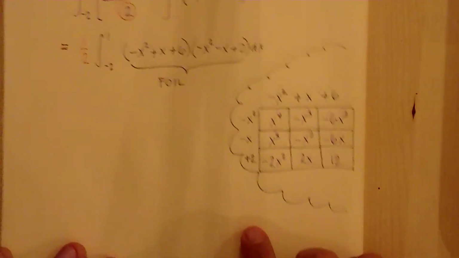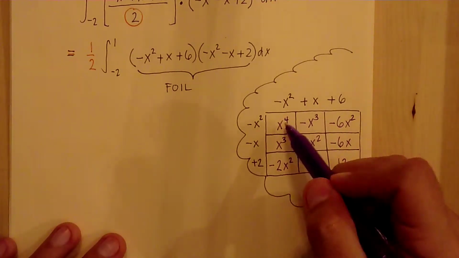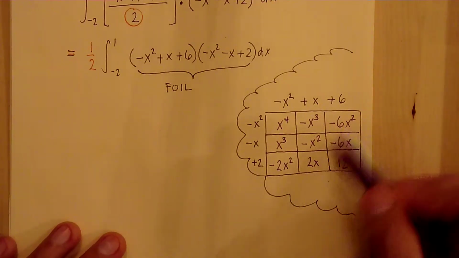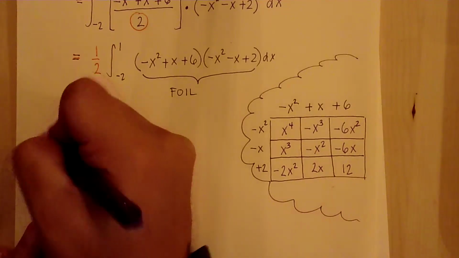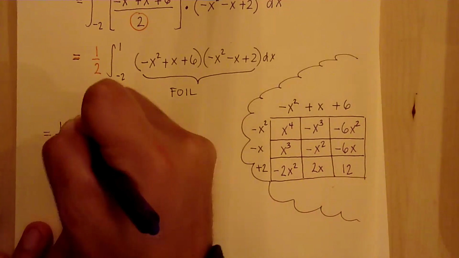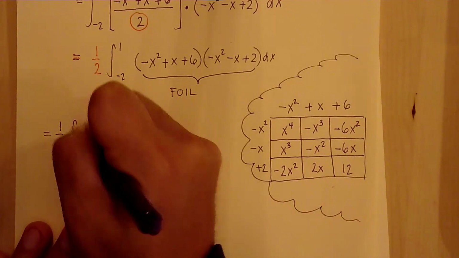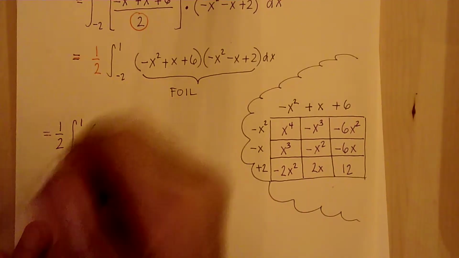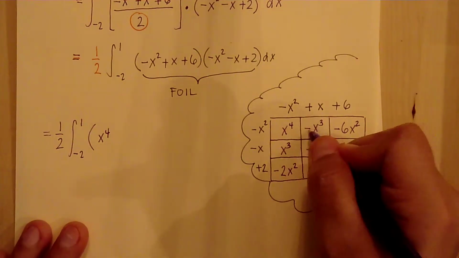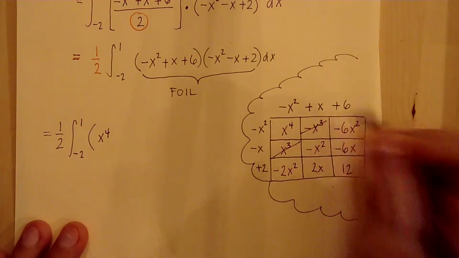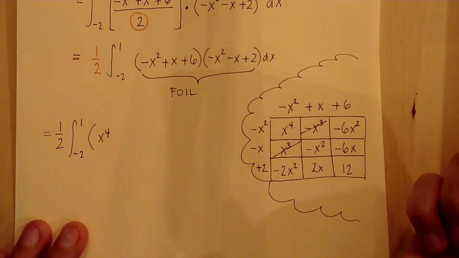Okay. The nice thing about this grid is that if we go diagonally through this grid, the diagonals are your like terms. So when we're integrating, we're doing 1/2 times the integral of the following polynomial. X to the fourth, x to the third and negative x to the third cancel out because they're opposite signs.